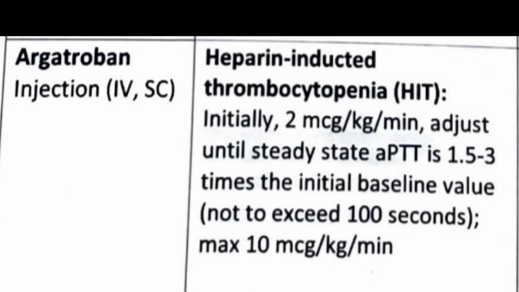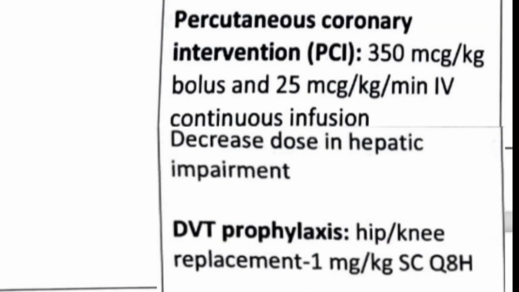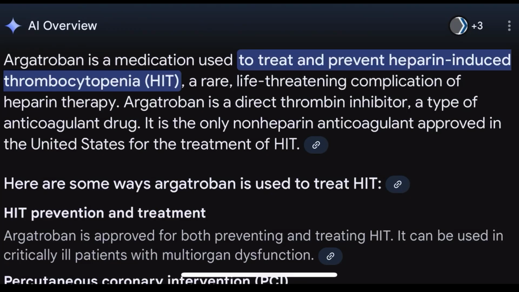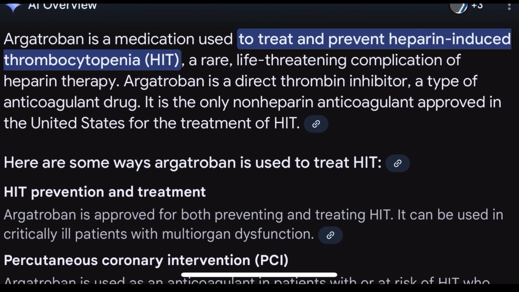This is HIT treatment dosing. 350 micrograms per kilogram bolus with 25 micrograms per kilogram per minute is PCI treatment dosing.